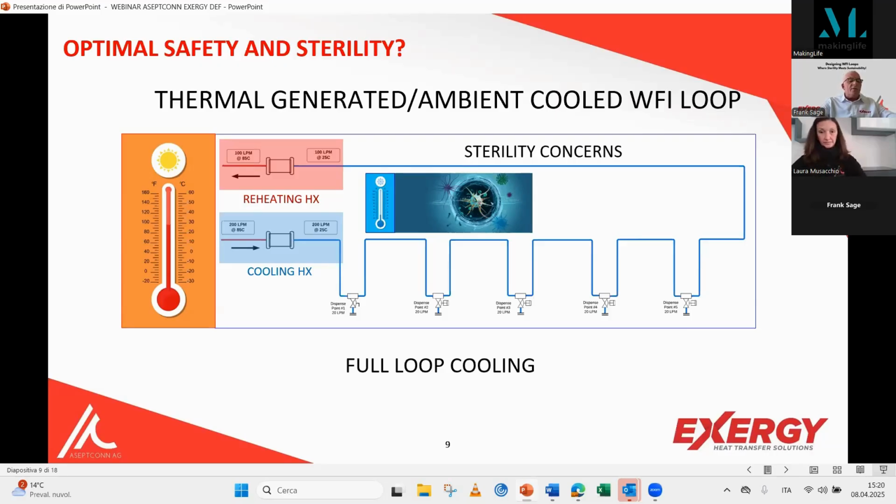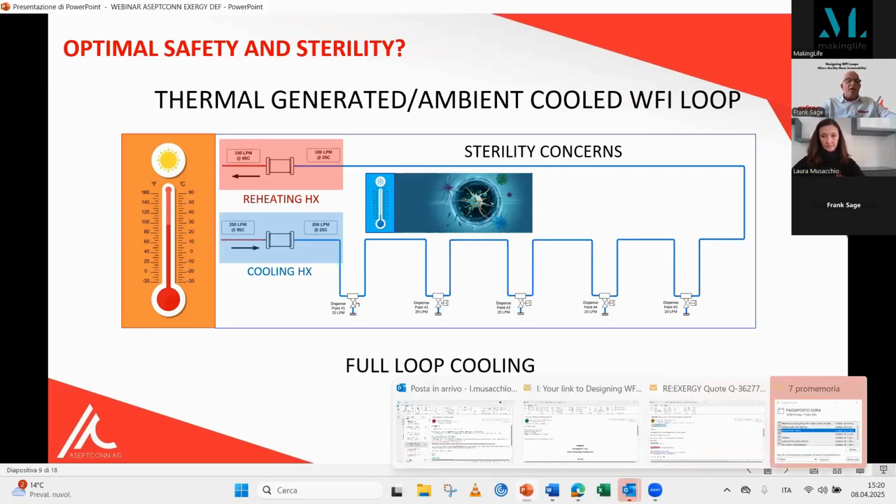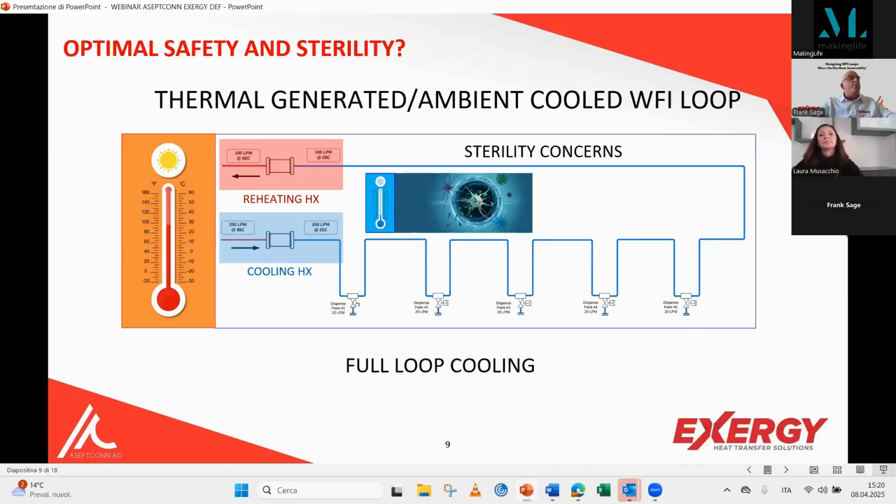So in order to mitigate potential contamination excursions in ambient WFI systems, many quality managers are turning to very costly online water bioburden analyzers, or OWBAs, to upgrade their protection of this bioburden threat within their systems.